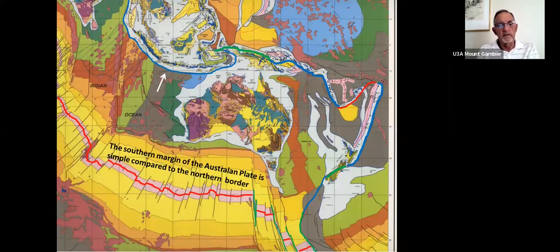So we can only say the southern margin of the Australian plate is simple growth of oceanic crust, and that's defined by the parallel bands of increasing age as you come from centre ocean spreading ridge to the continental masses of Antarctica and Australia.